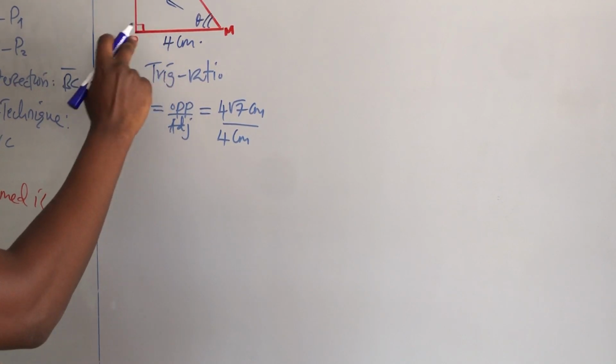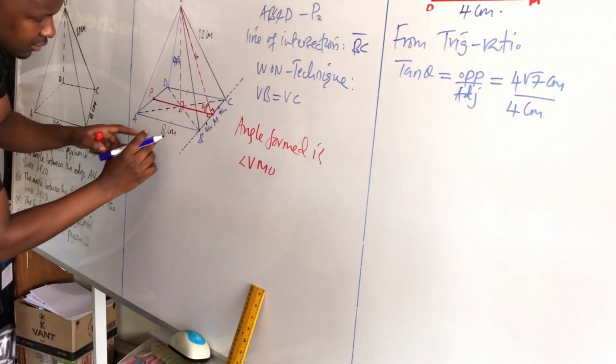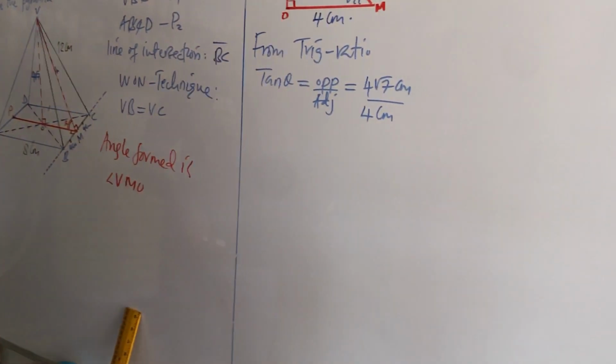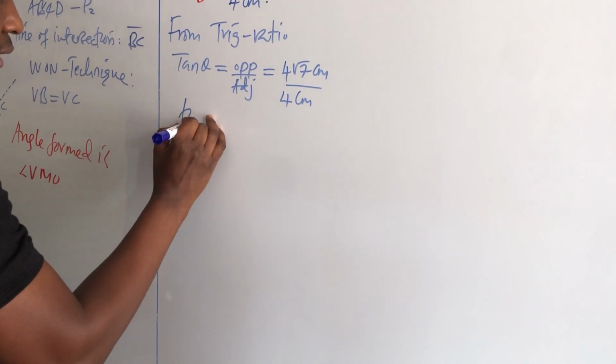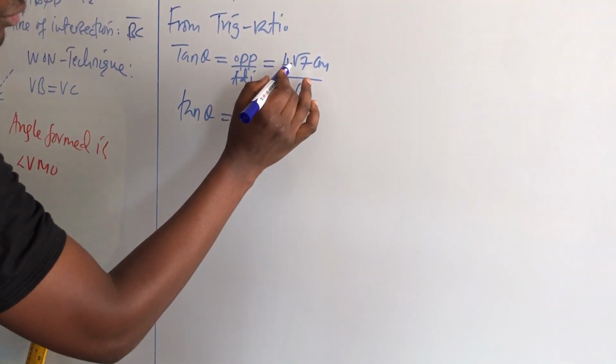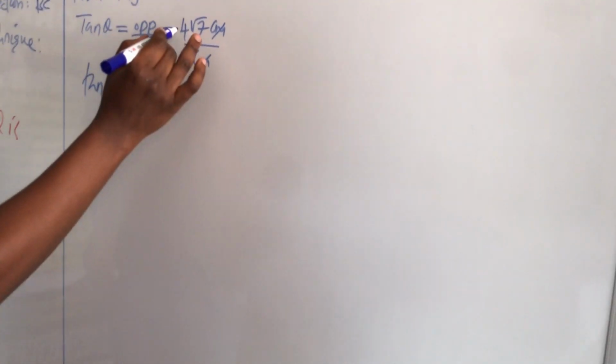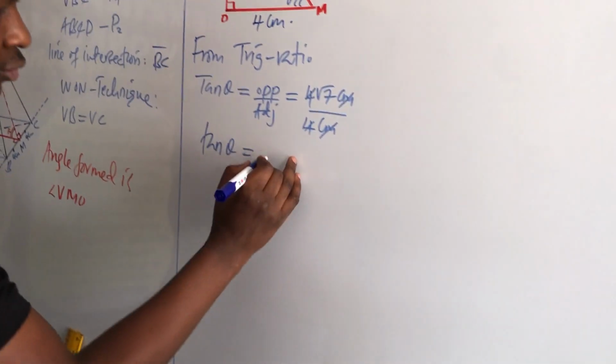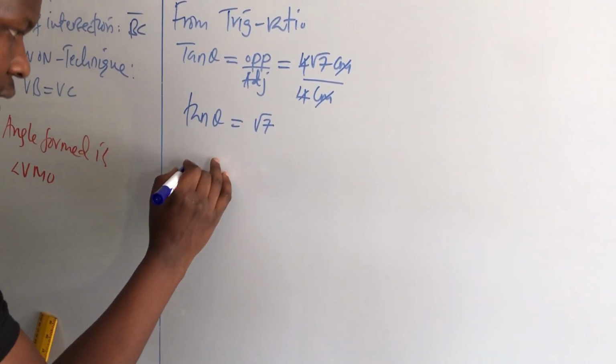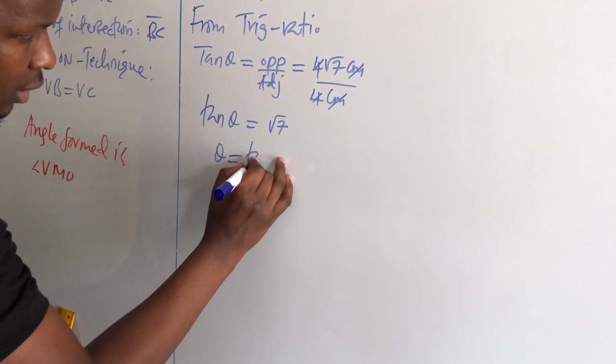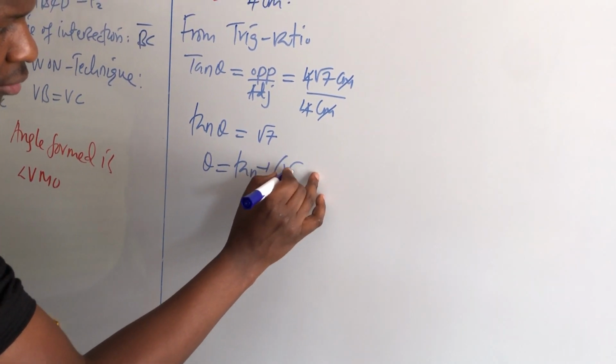And I think OM here is half of AB. So that's correct. So tan theta equals, we simplify, centimeters cancel out, 4 and 4 cancel out, so we remain with radical 7. Now theta equals tan inverse of radical 7.